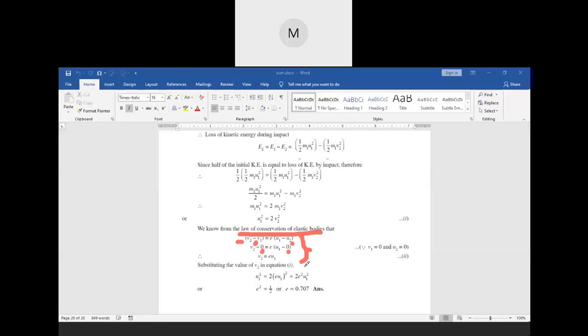Now v2 minus 0 equals u1 minus 0. That means v2 equal to u1. Now if you compare these two equations, you will get this relationship, and eventually you will get e equal to 0.707.